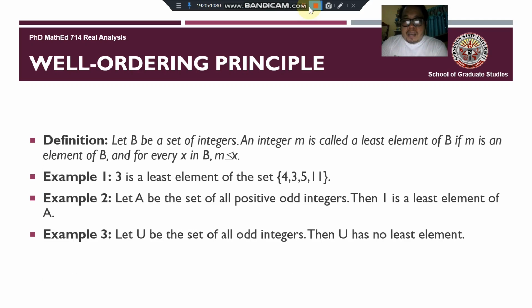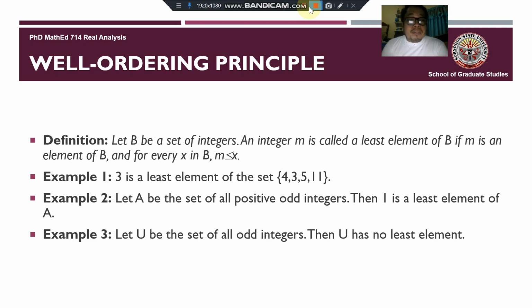Okay. Now, for the next definition, this is in particular with the set of integers with the application of the well-ordering principle. So it states that let B be a set of integers.